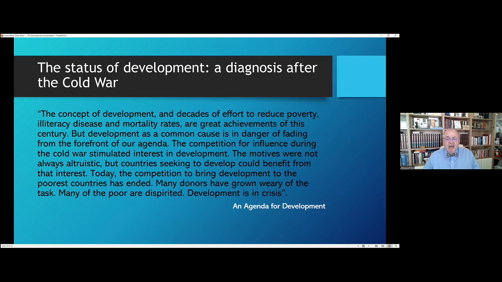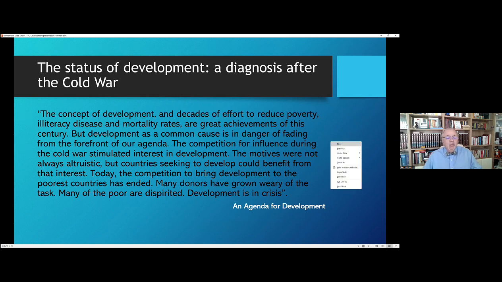The competition, be careful, the competition for influence during the Cold War stimulated interest in development. The motives were not always altruistic, but countries seeking to develop could benefit from that interest. Today, the competition to bring development to the poorest countries has ended, so there is no more competition. Many donors have grown weary of the task. Many of the poor are dispirited. Development is in crisis. We have to believe his words.